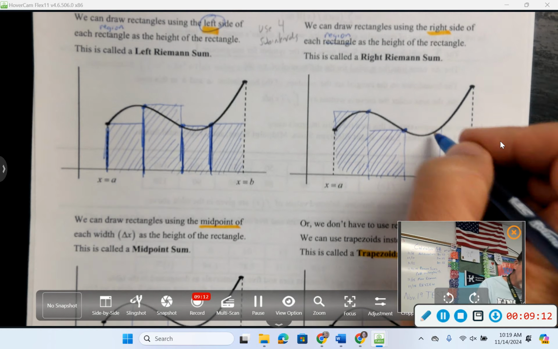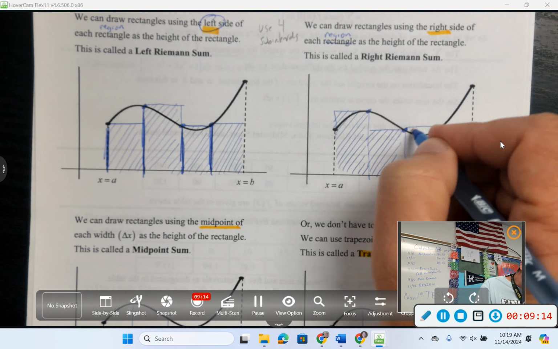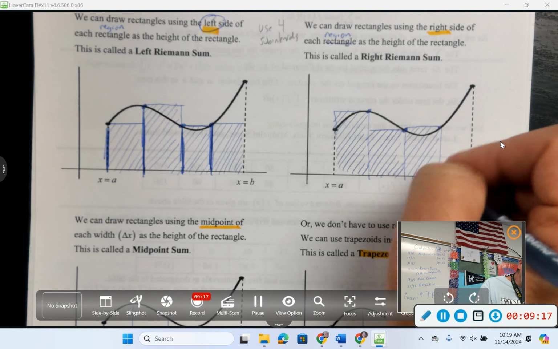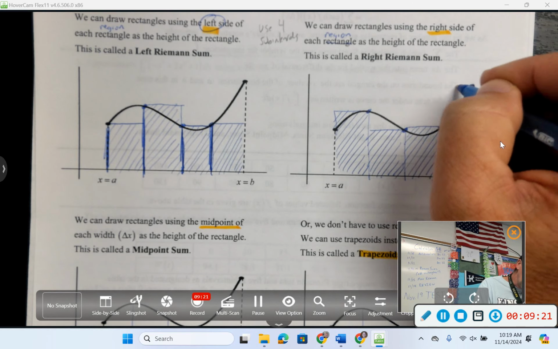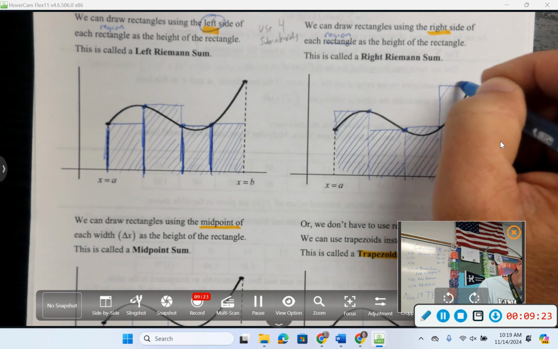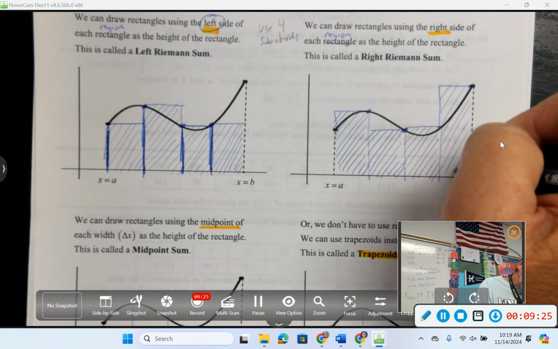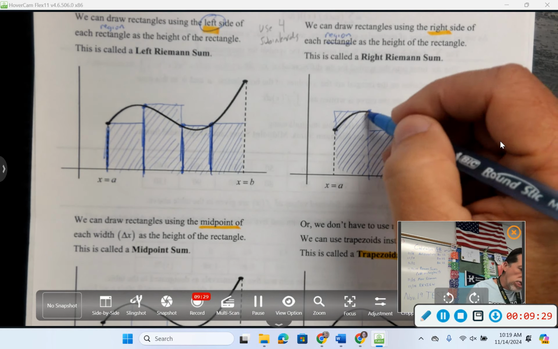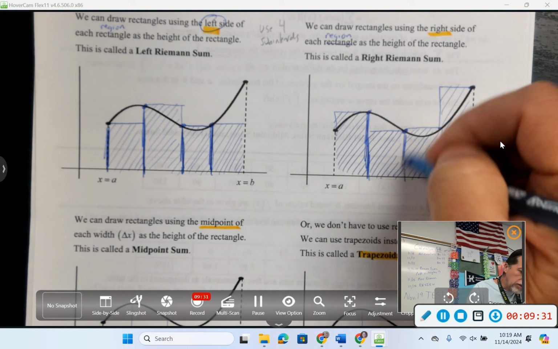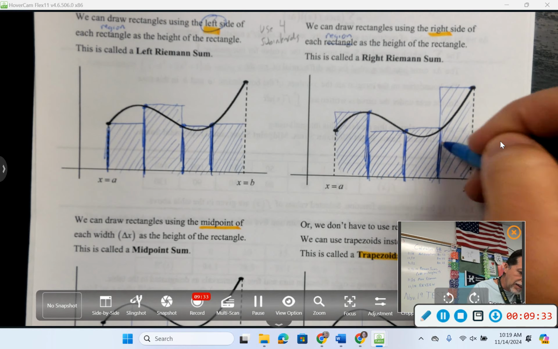That one's under. Third rectangle's a little bit over, but pretty close. Fourth rectangle, coming from the right. Definitely over. So for that one, we use all of those right-hand heights.